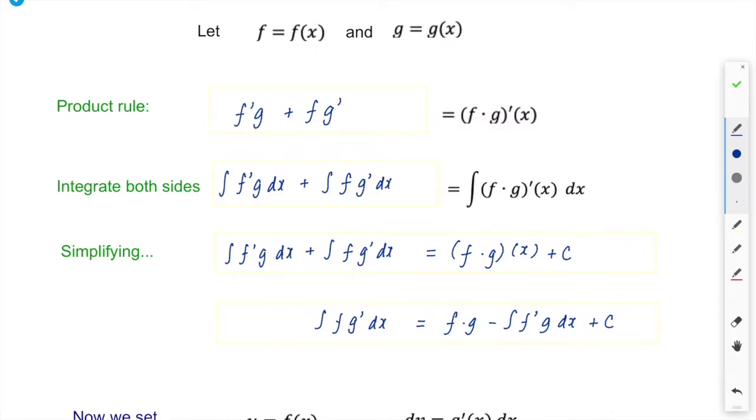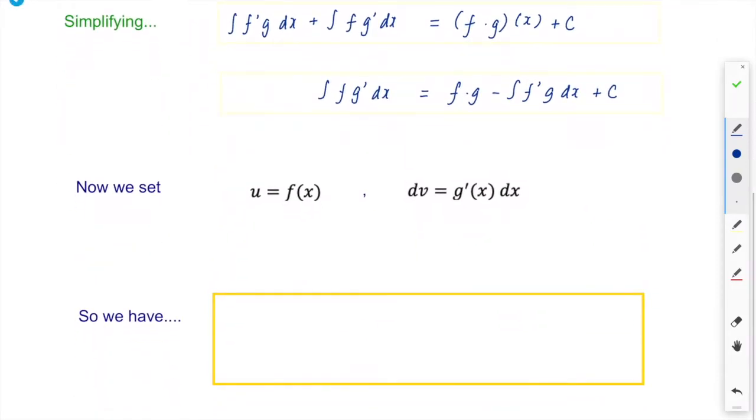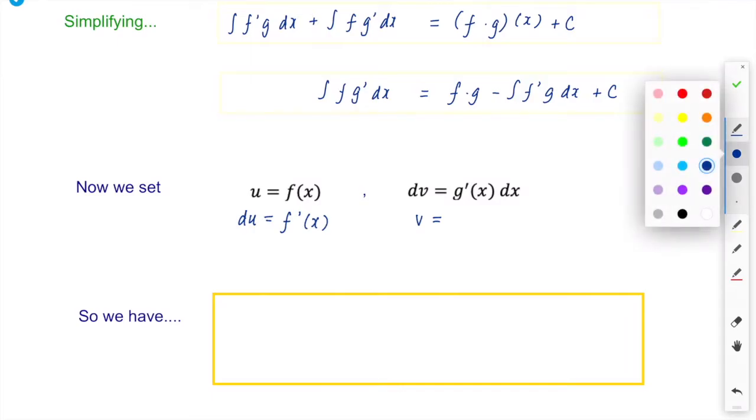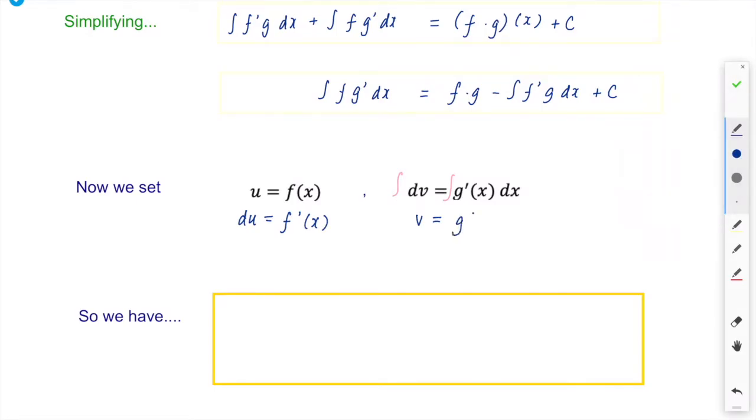So now if I set u to be f of x, and dv to be g prime x dx, then what is du? Well, du is simply f prime of x. And v is going to be the integral of this line here. So the integral of g prime is g of x. What does this mean if I substitute these relationships back into the previous step?